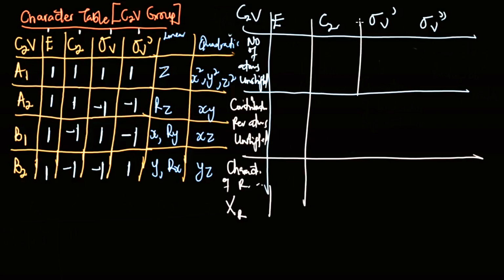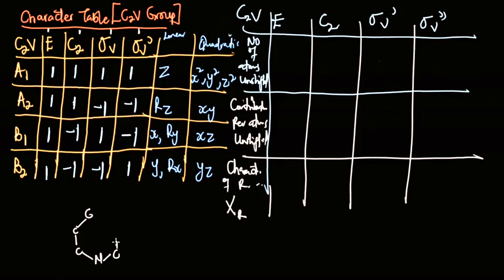So let's partition this. This is the structure of pyridine, right? We have N, C, C, and C, and hydrogen here, hydrogen, hydrogen, hydrogen, hydrogen.